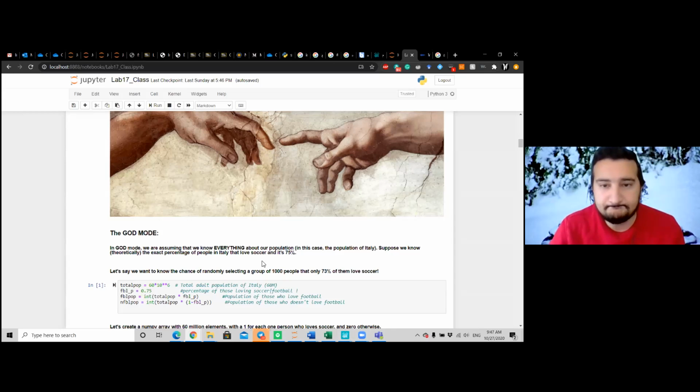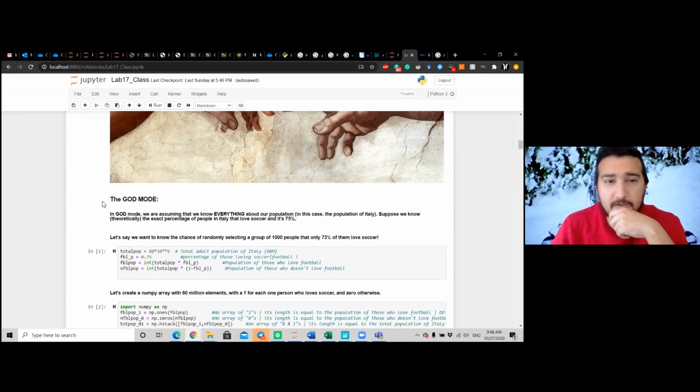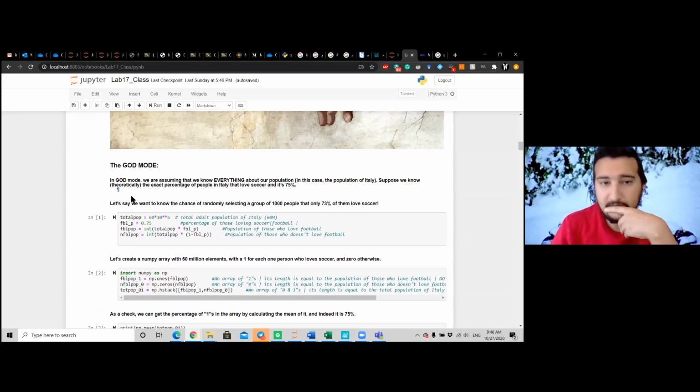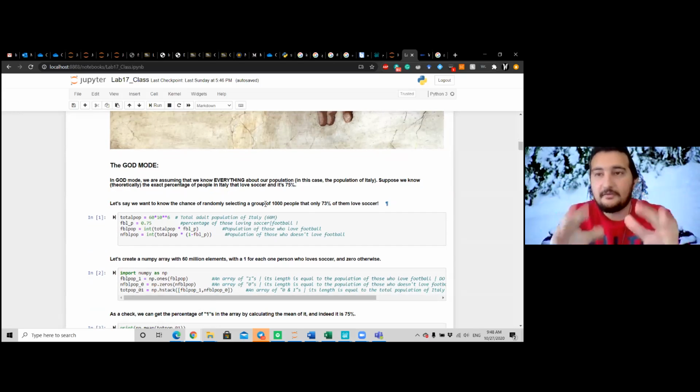And we are going to assume that we want to know the chance of randomly selecting a group of people, let's say a group of 1,000 people. We want to know what is the chance that this group, this sample that we're taking, has only 73% of people that love soccer.